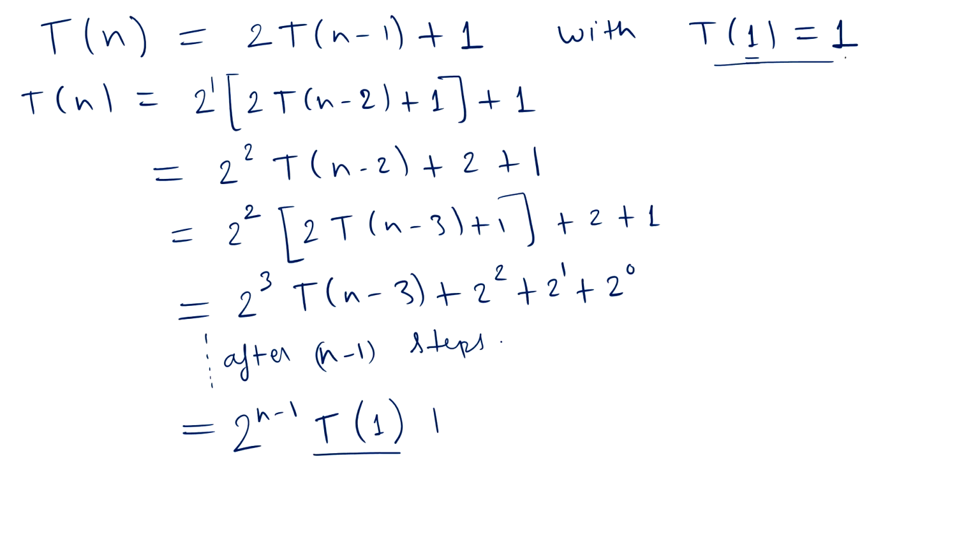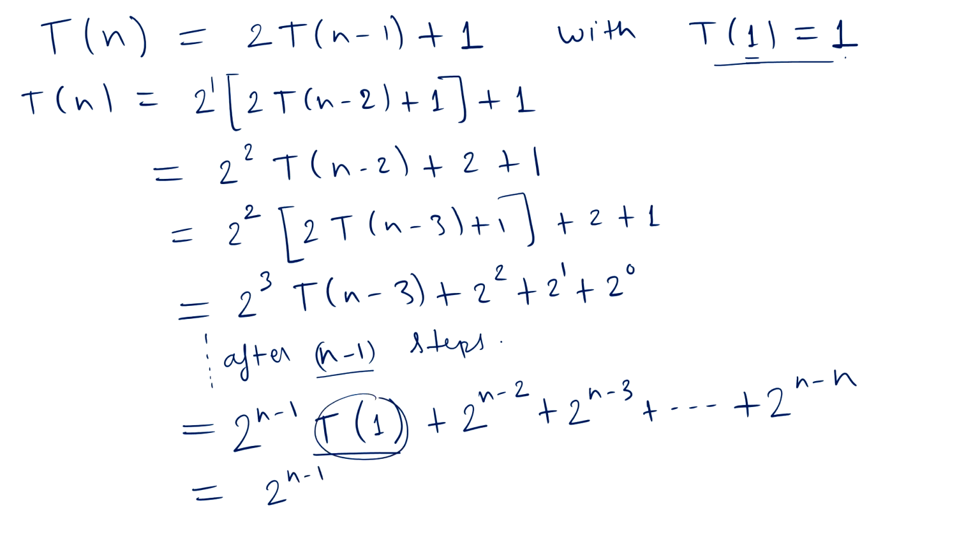Let us see. Plus the remaining things will be 2 to the power, because we did it for n minus 1 times. Here we can see this 2 is 1 less than this 3, so it is going to be 1 less than the original one: 2 to the power n minus 2, 2 to the power n minus 3, plus and so on, plus 2 to the power n minus n, which is 0. Now rewriting it finally, it is 2 to the power n minus 1, because T of 1 is going to be 1 only, so it is not going to contribute anything, plus 2 to the power n minus 2, plus and so on, plus 2 to the power 0, which means 1.